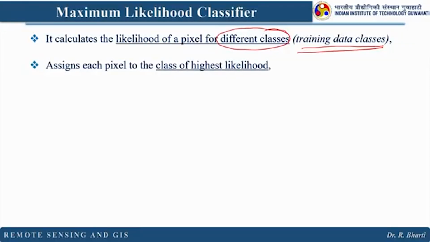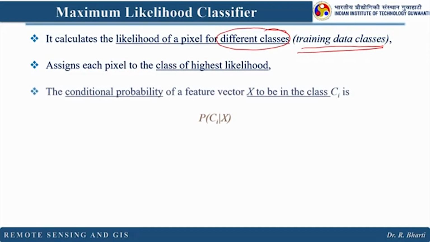In this method, we assign each pixel to the class of highest likelihood. The highest probability class will be used to assign or identify the class of the unknown pixel. Unknown pixel means the image pixel which we want to classify.